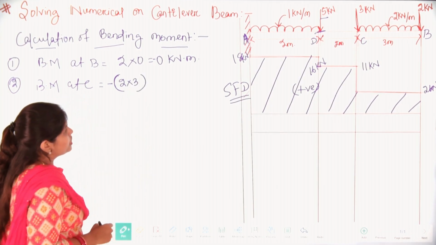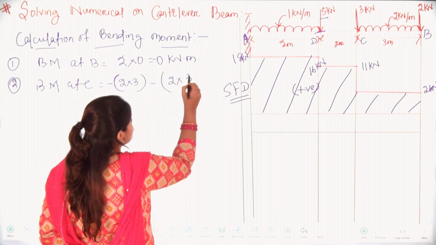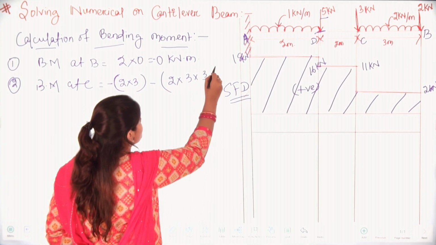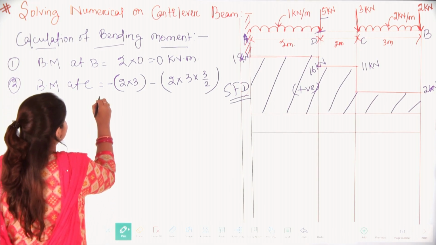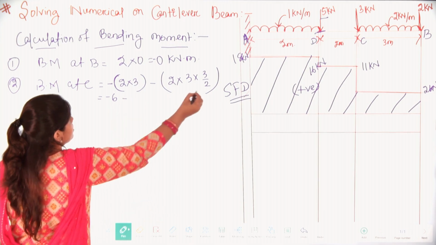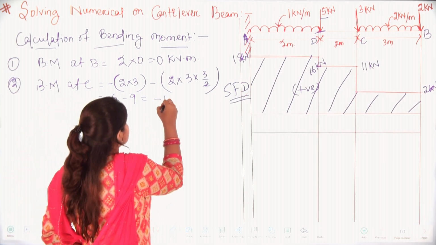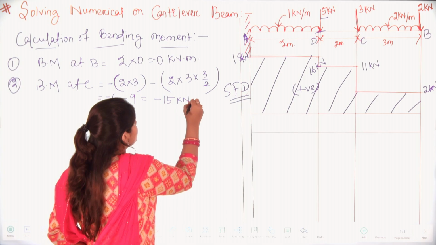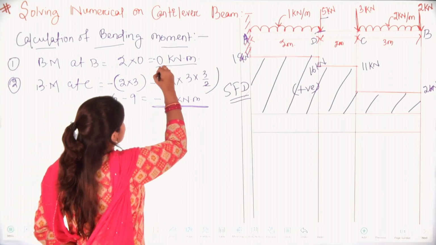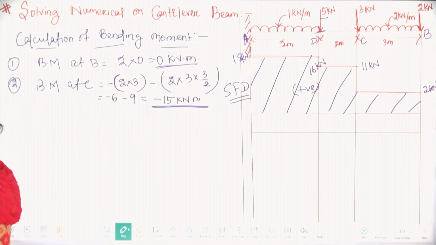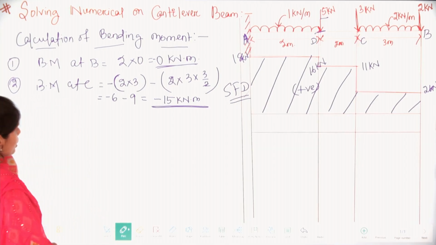So 2 into 3, then minus of 2 into 3 into 3 by 2. So it will be minus 6 minus 9, that is minus 15 kilonewton meter. The first one is 0 kilonewton meter, and at point C we have minus 15 kilonewton meter.